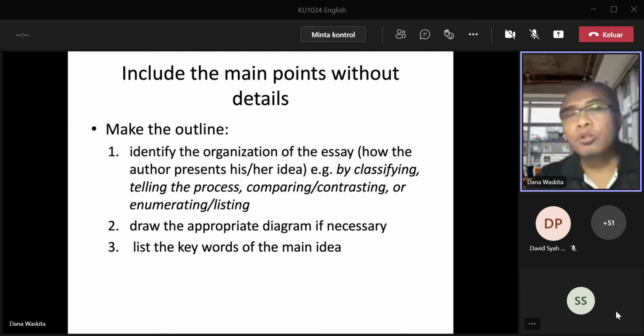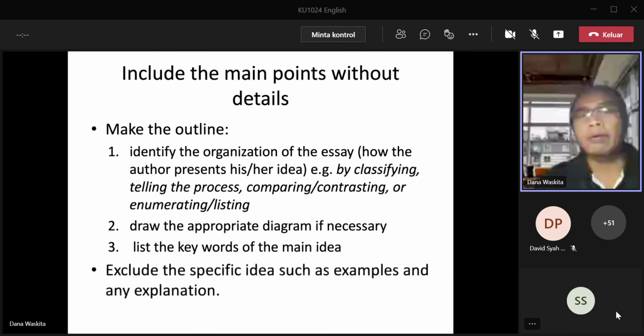Yeah, so you know that the summary is kind of a group of keywords there. Okay, and then don't write any examples in the summary. Yeah, or include specific ideas, such as examples and explanations.